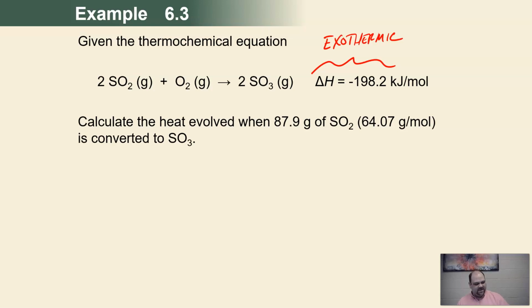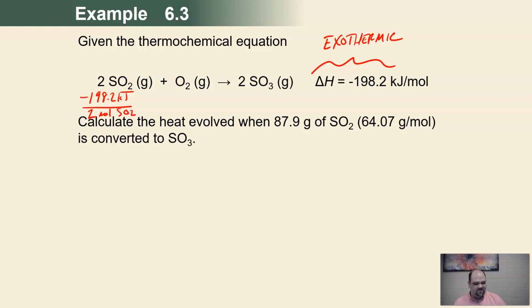The other thing to keep in mind, with this information, this kilojoules per mole, like I was just saying, we could write a few different conversion factors. I'm going to go ahead and write all 3 without even reading the rest of the question, because I want you to know what I mean when I say that it's per mole as written. For this reaction, 198.2 kilojoules are released. So negative 198.2 kilojoules of energy are released for every 2 moles of SO2.